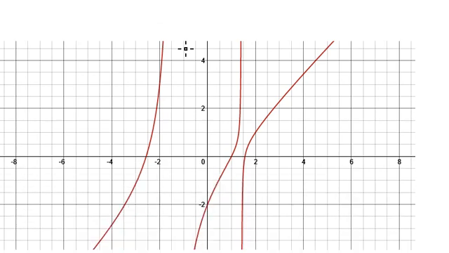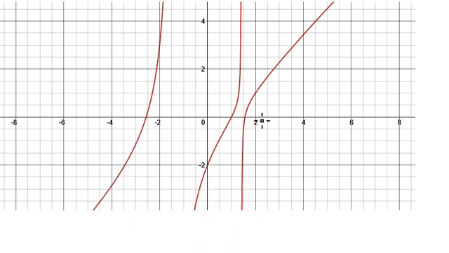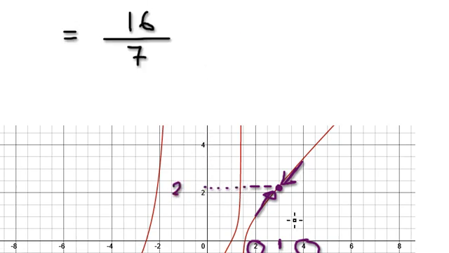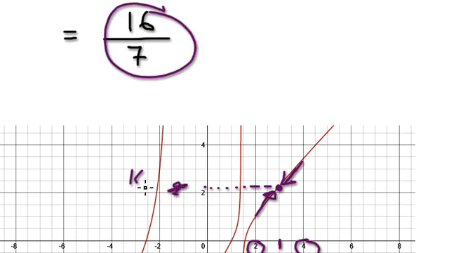Now, as x approaches 3, 2 is here, 4 is here, so 3 is here. As x approaches 3, this point is actually 2 point something. Our answer, this point here, is actually 16 over 7. So it's approaching this.